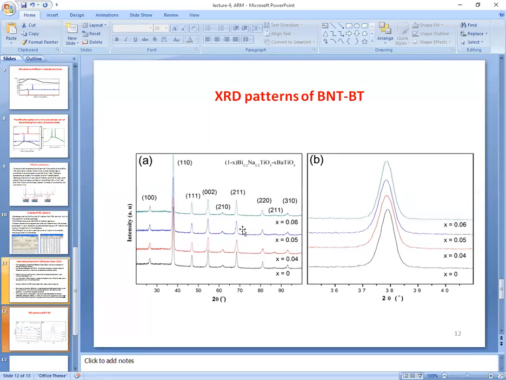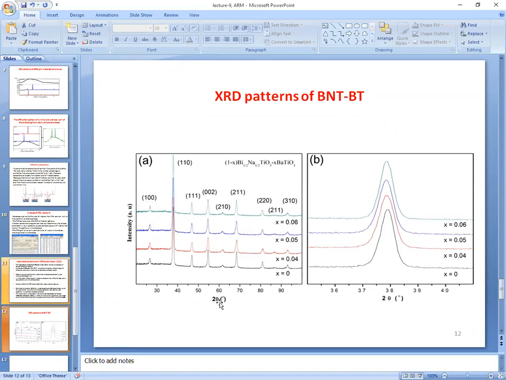Here is only a single phase perovskite material, ABO3 structure, and on the A side there is bismuth, sodium, and barium, and on the B side there is titanium. All these show the crystal planes and the peaks.